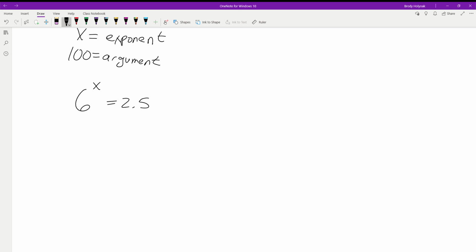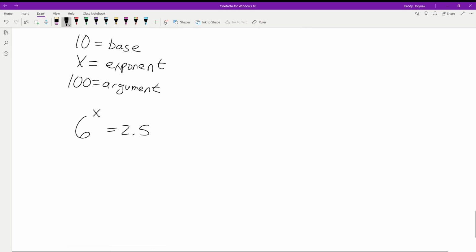So we want to convert this from exponential form to logarithmic form. What is the base in this equation? 6. So we're going to have log base 6 of 2.5 is equal to x.